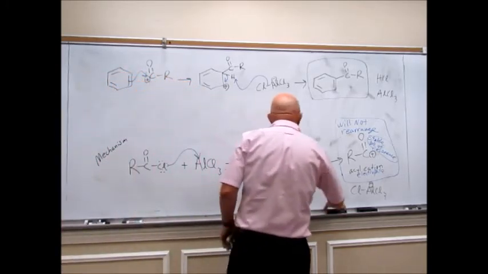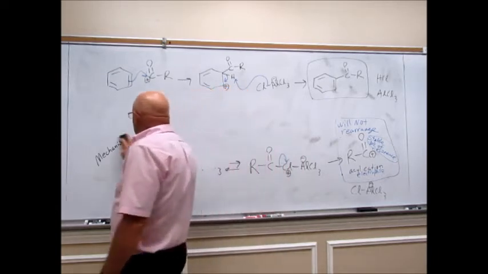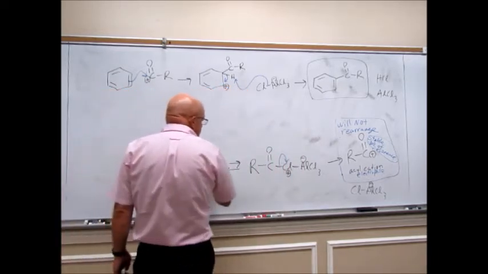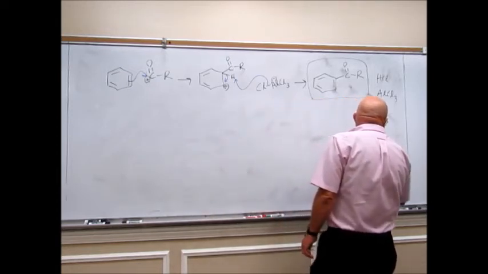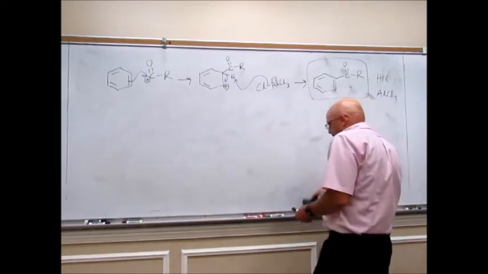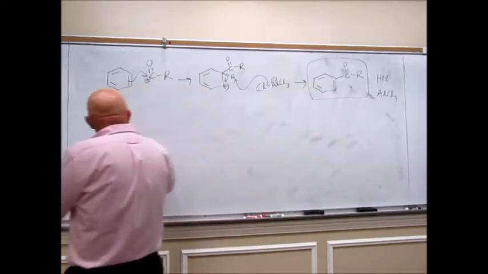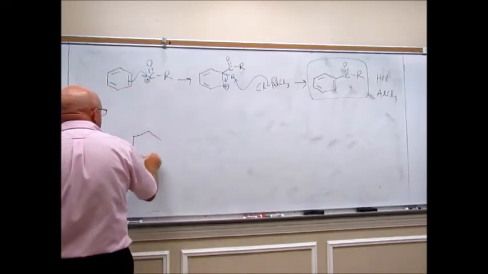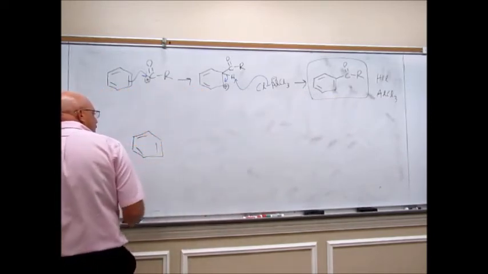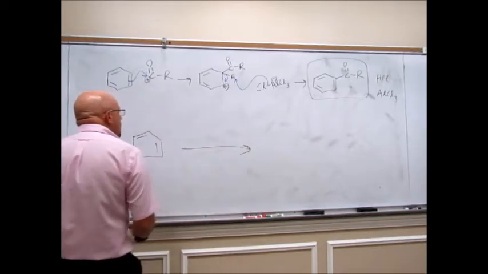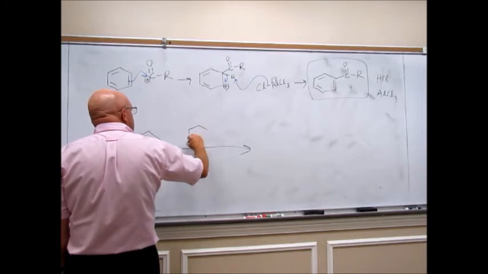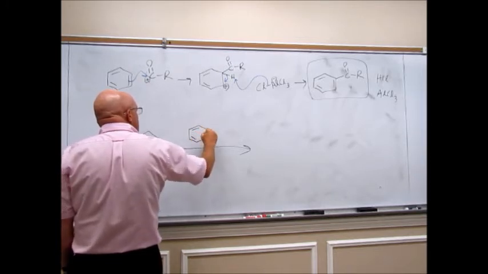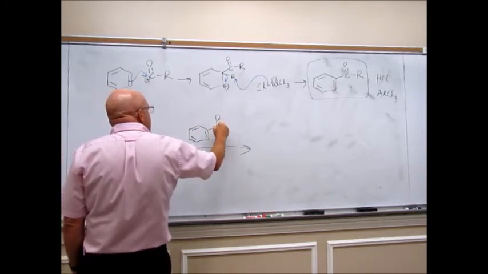So let's look at a specific example. I'm not going to go through the mechanism again, but I'll put up a specific example rather than this generic. Taking benzene and I'll use this acyl chloride.